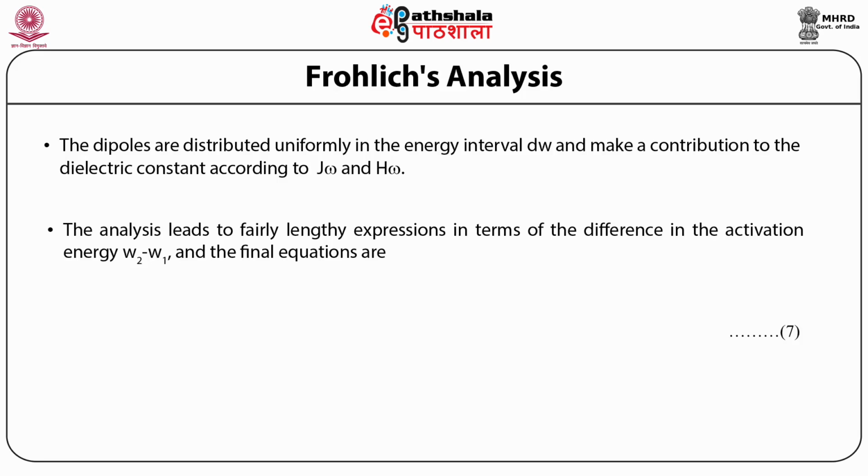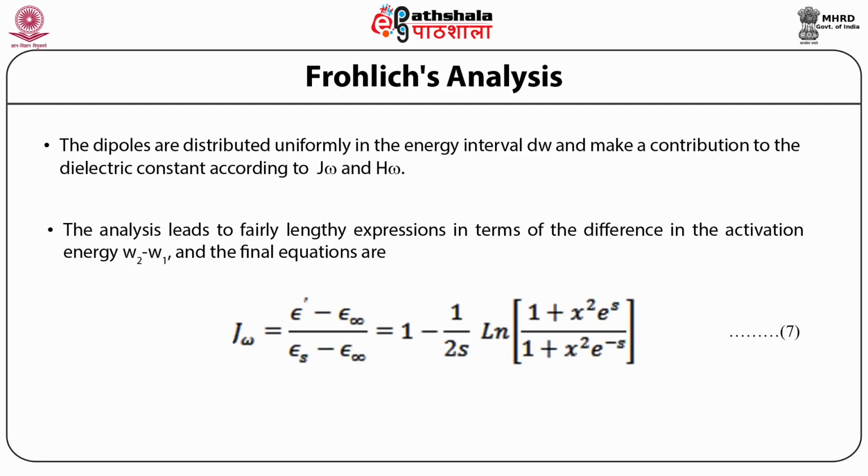and the final equations are J(W) equals (epsilon minus epsilon infinity) divided by (epsilon s minus epsilon infinity), which equals 1 minus 1 by 2s ln of (1 plus x square e to the power s) divided by (1 plus x square e to the power minus s).